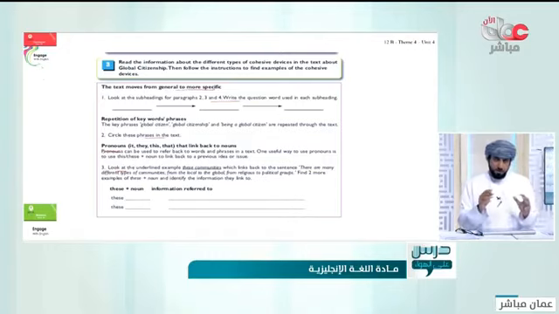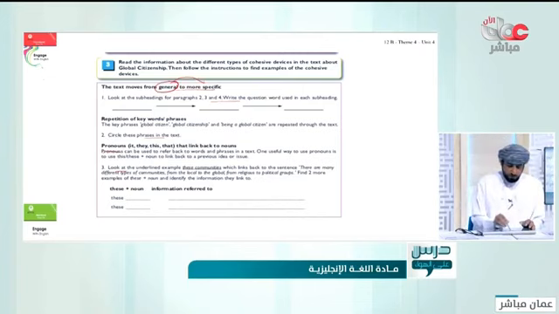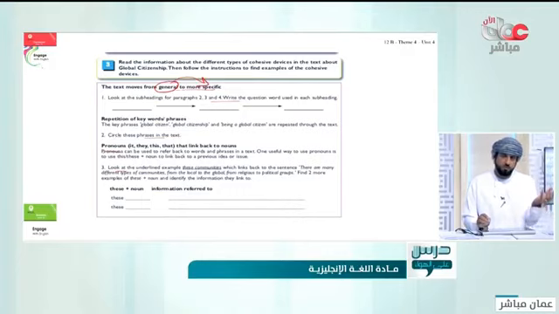What does that mean? The introduction only gives you the writer's general idea of what they want to explain. Then you go to the body. In the body itself, certain points discussed in the introduction will be explained in detail with extra information and examples as well. That's why when we say general to more specific, it means from the points that we have discussed in the introduction to the paragraph itself.